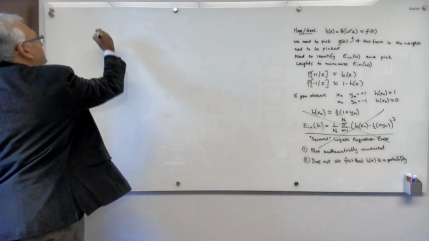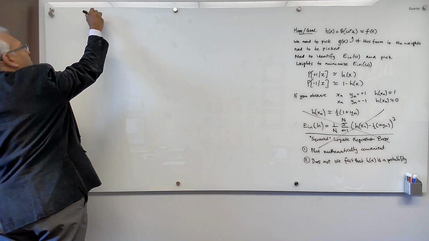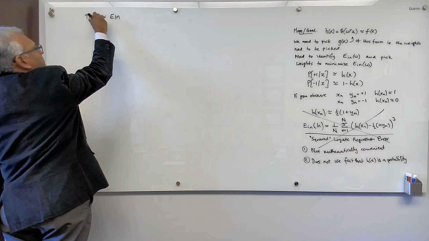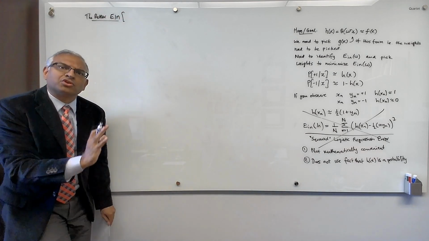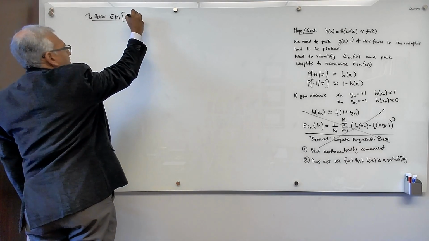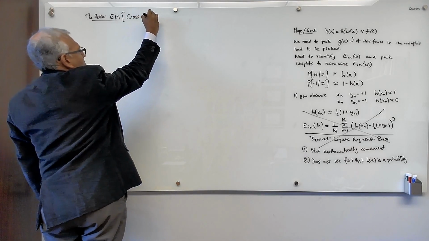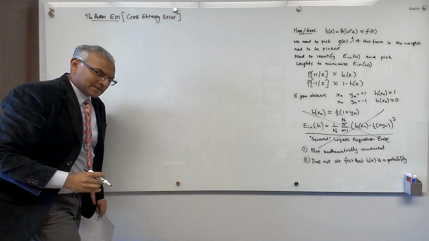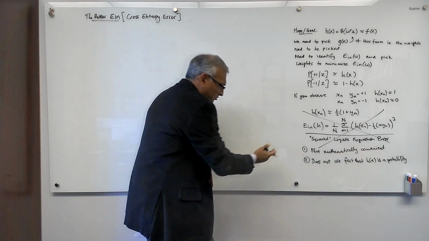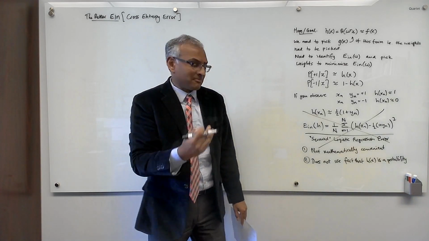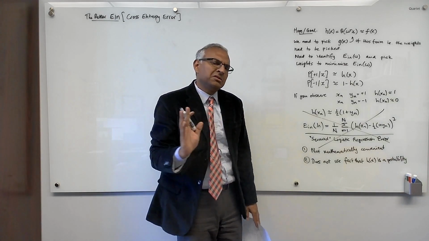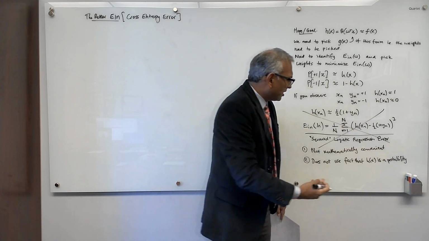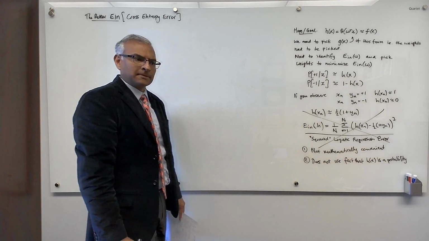What we're going to derive is what's called the cross-entropy error. It's going to solve both of these problems. It's going to be mathematically much more convenient, and the derivation is going to intimately use the probabilistic nature of h of x.